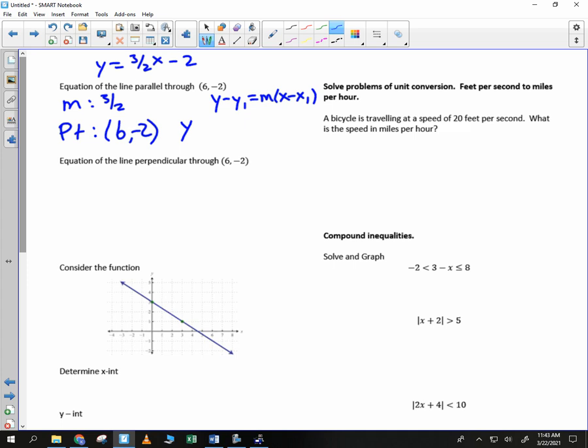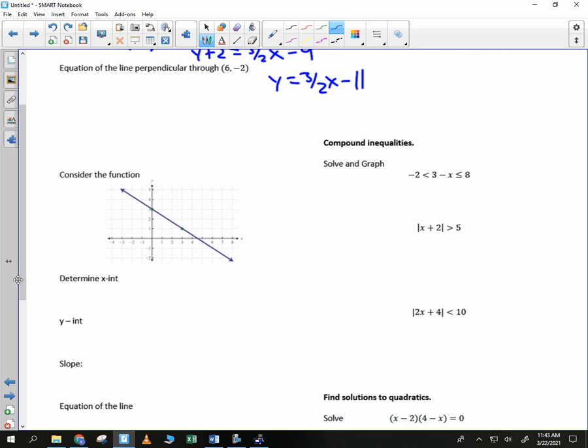It's going to be y plus 2 is equal to m, which is 3/2 times x minus 6. So y plus 2 is equal to 3/2 x. 3 times 6 is 18. 18 divided by 2 is 9. And then we will subtract 2 and we get y is equal to 3/2 x minus 11.